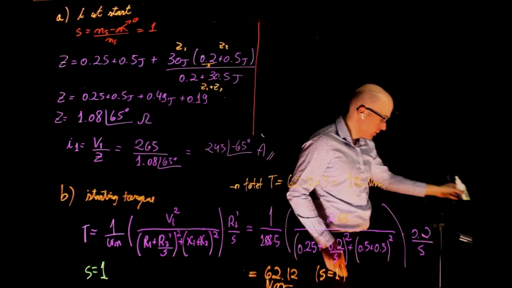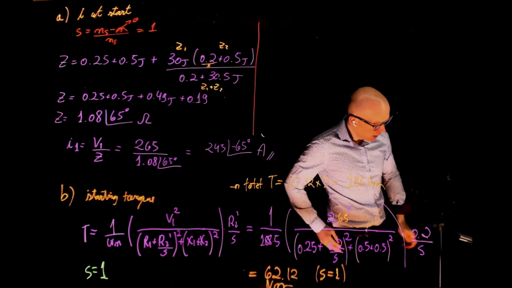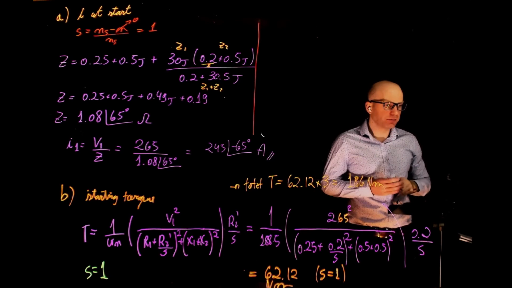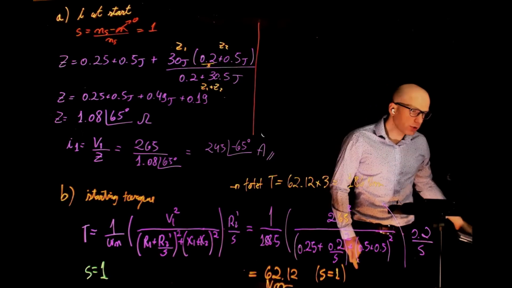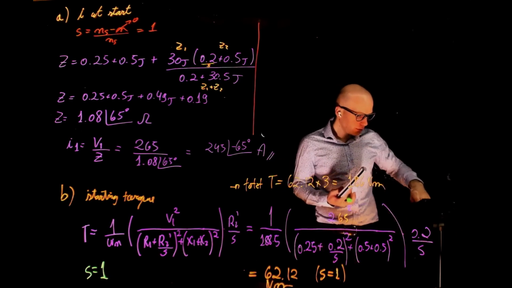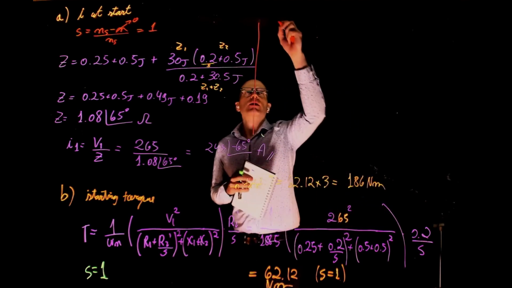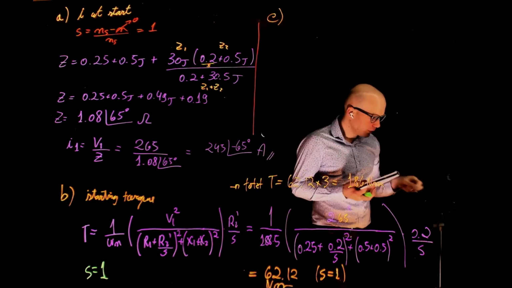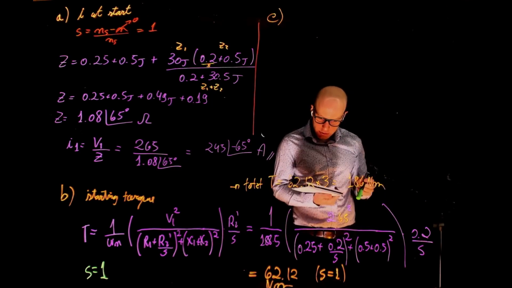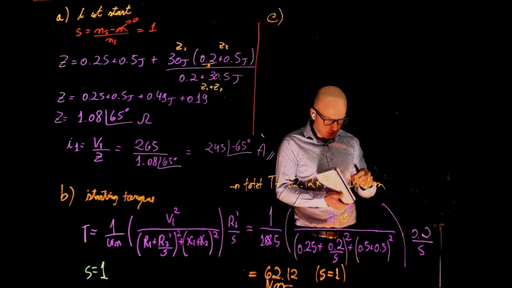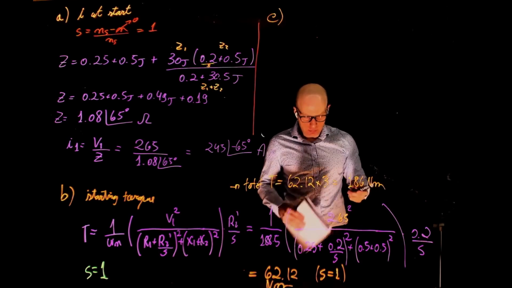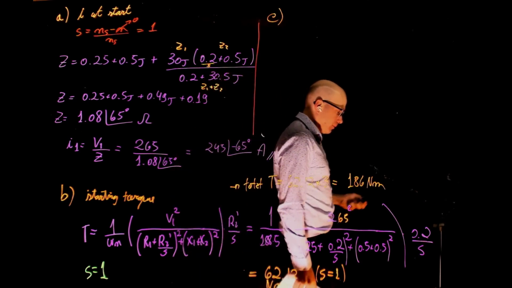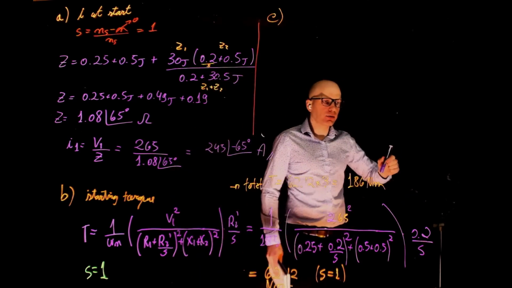The last question is the resistance that must be connected in the rotor so that the maximum torque occurs at start. How do you solve that? Let's look at the slip of maximum torque.